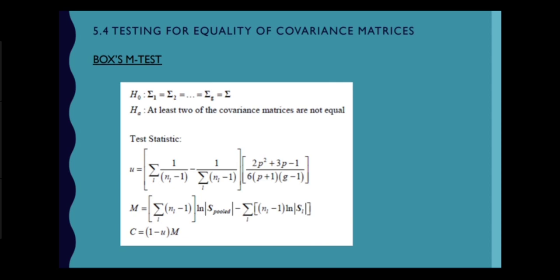Okay, the next topic is testing for the equality of the covariance matrices. As you know, one of the assumptions made when we compare two or more multivariate mean vectors is that the covariance matrices are equal. Right?